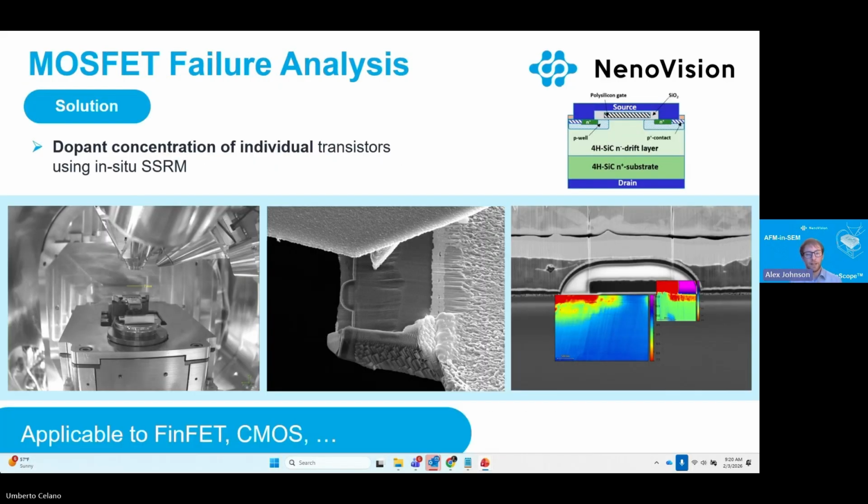So moving on to the next step, we have the MOSFET failure analysis. This is now focused on dopant concentrations, utilizing in situ SSRM, and allows us to be very site-specific to individual transistors. This is applicable for things like FinFET and CMOS, and we can already see here the correlation of the dopants with the SEM image in the background. And this allows us to determine between the P and N types at the different parts of the transistor.